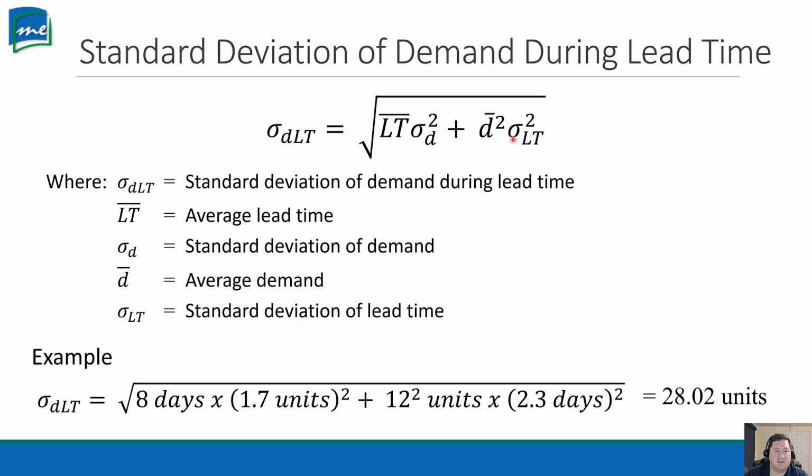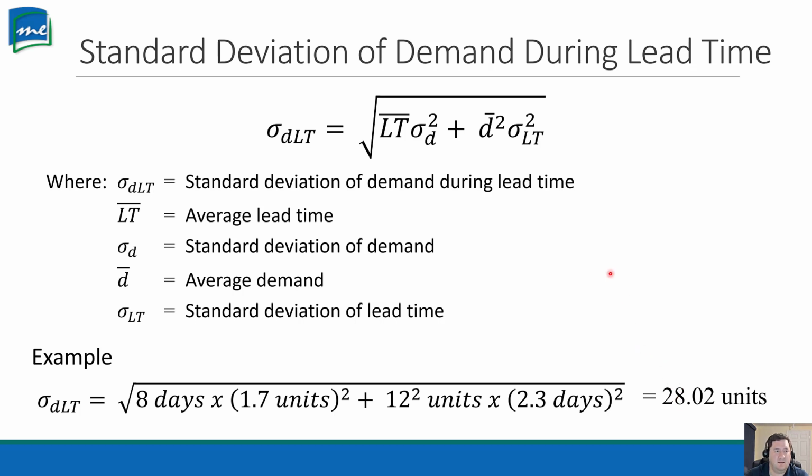Then we're going to take the sigma of our lead time, the standard deviation of our lead time. If you remember, that was 2.3 days. And we square it because that's how it's in our formula. This is going to give us our standard deviation of demand during lead time. So this says that we can give or take 28 units.